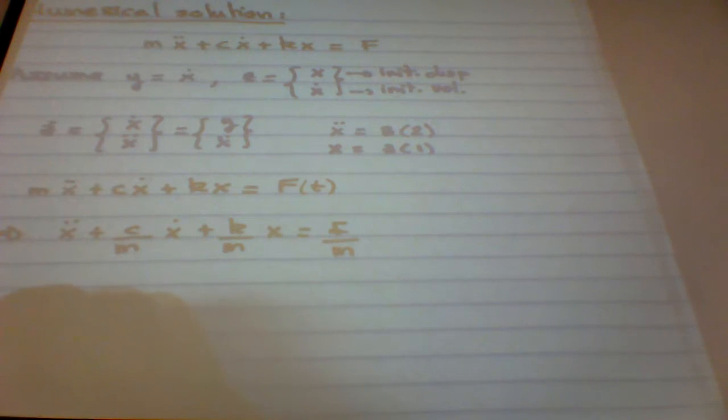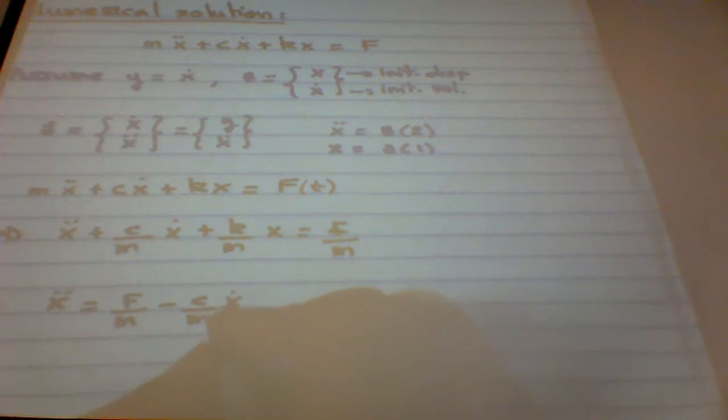Or from here you could write that x double dot will be equal to f over m minus c over m x dot minus k over m x.